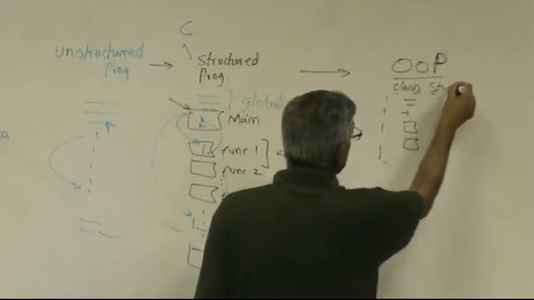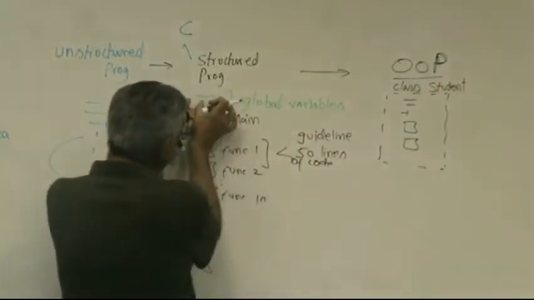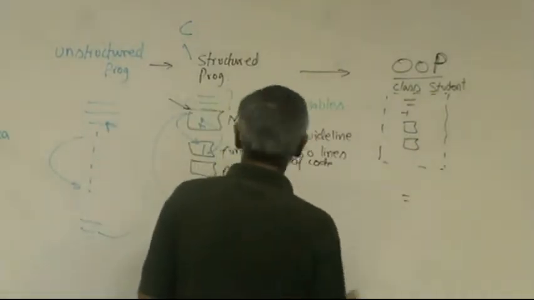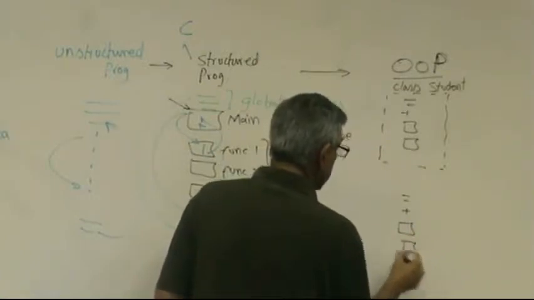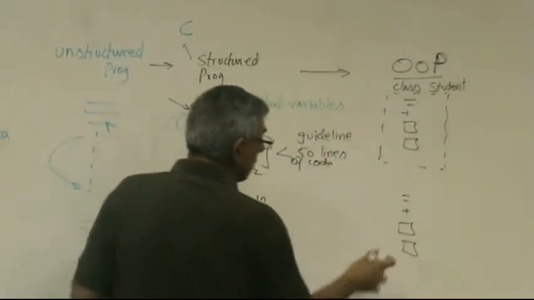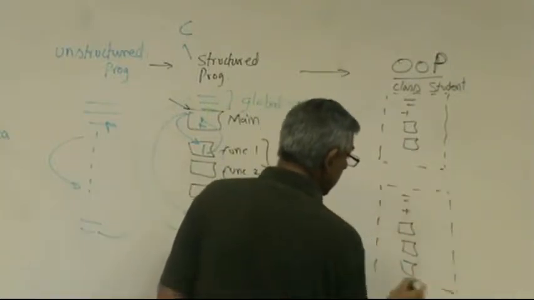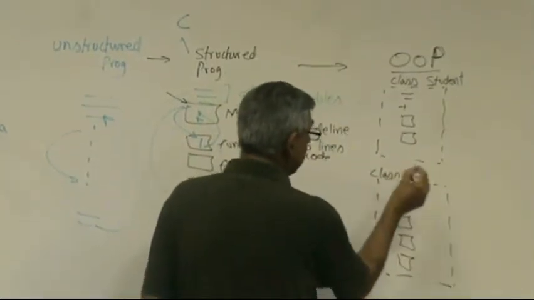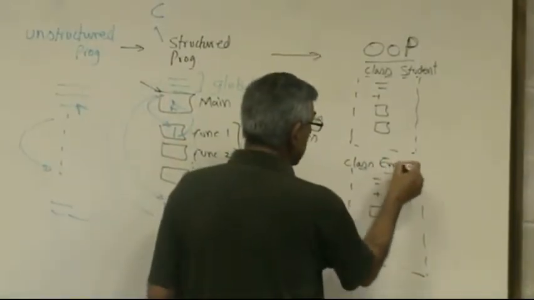For example, there could be a class called student. We may take a few more of these variables, a few more of these functions or subroutines which are closely related to these variables, and again package them into a virtual box and give it some kind of a name. So for example, this could be a class called employee.